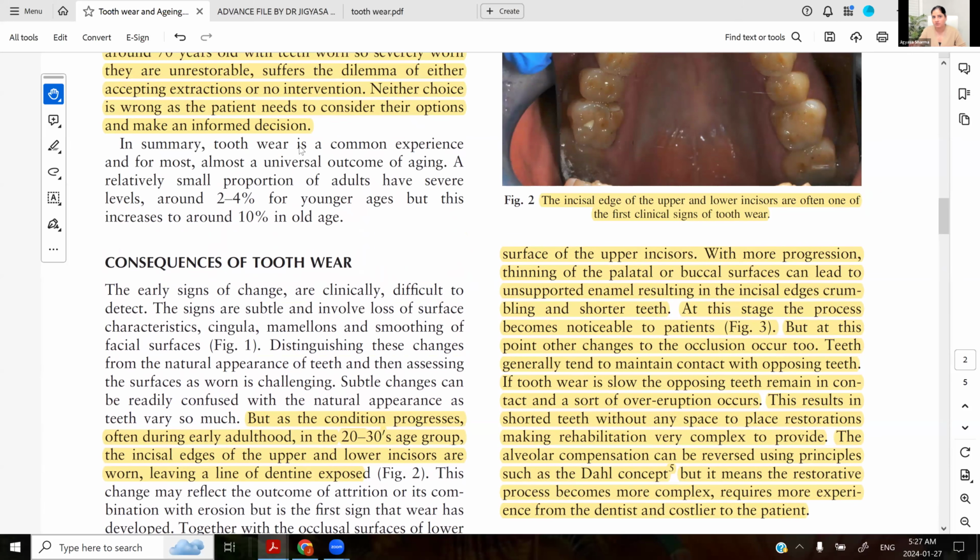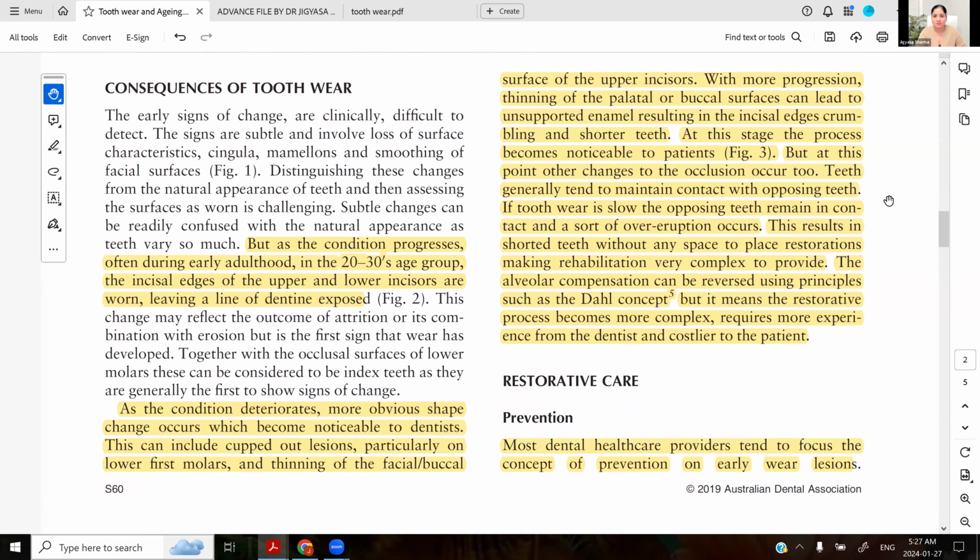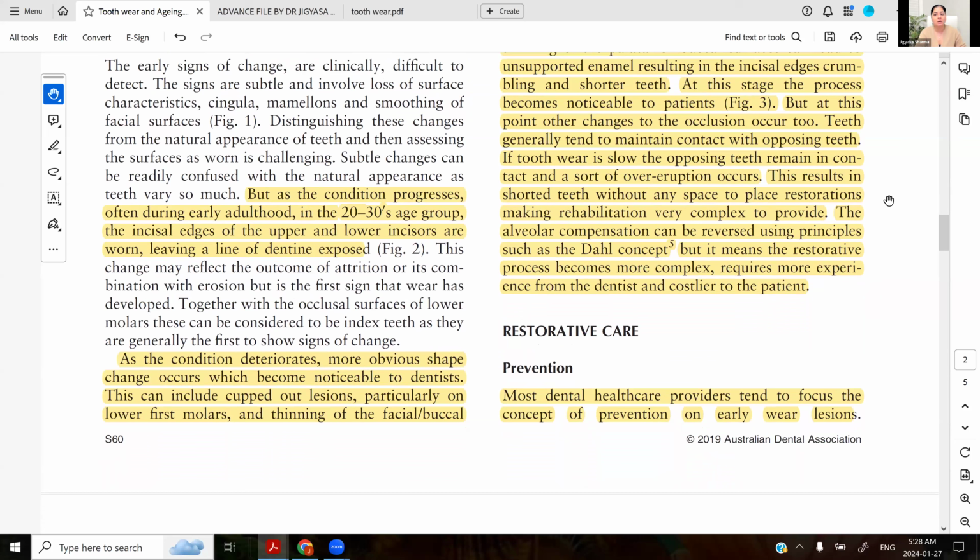Again, we saw in erosive tooth wear the buccal and facial surface smoothing and the indentations. With more progression, thinning of the palatal and buccal surfaces can lead to unsupported enamel, which can lead to incisor ledges crumbling, fracturing, and ultimately shorter teeth. So at this stage, the process becomes noticeable to the patient as well. When the incisors get involved, that's when the patient starts noticing and getting concerned. But at this point, other changes to the occlusion occur too.